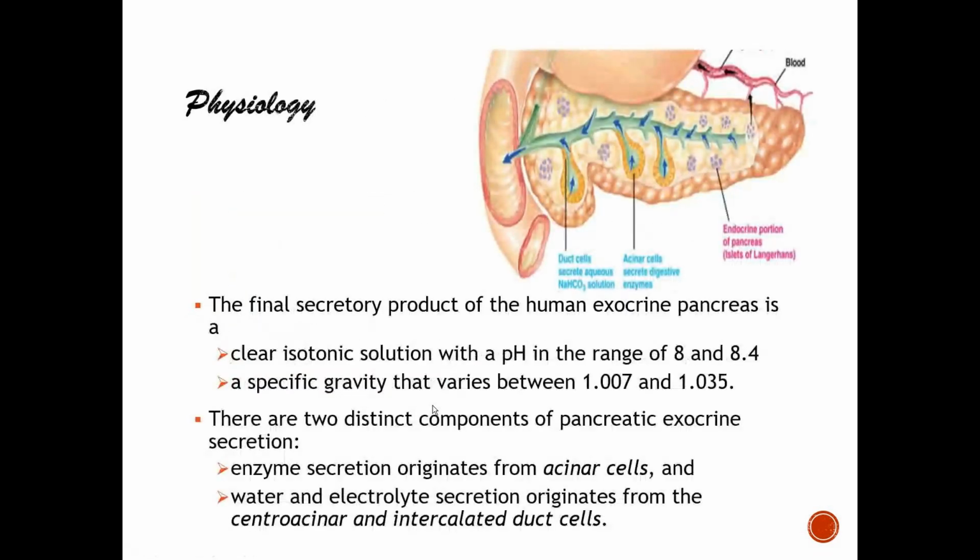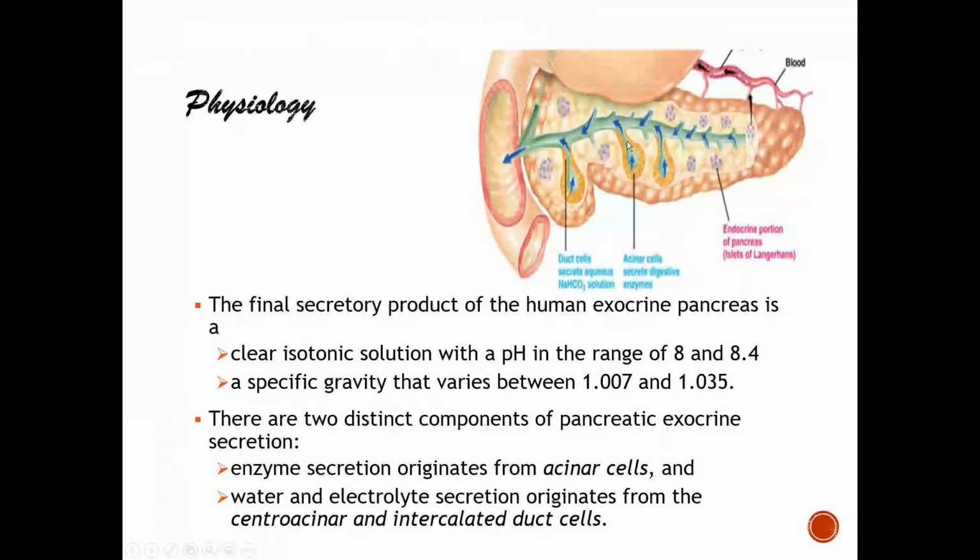If you look at the physiology, the final secretory product of the human exocrine pancreas is a clear isotonic solution with a pH in the range of 8 to 8.4, which is a highly alkaline solution, and a specific gravity that varies from 1.007 to 1.035. There are two distinct components to it. One, the enzymes, which arise from the acini, and the water and electrolytes arising from the intercalated duct.